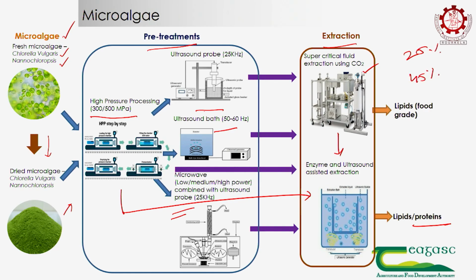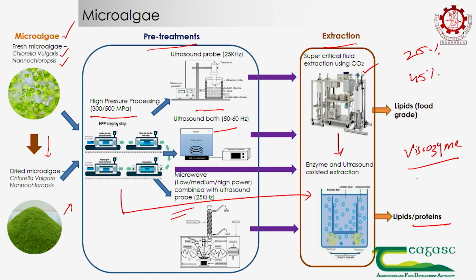So, if you just have a simple option of using Viscozyme, have you heard of Viscozyme? Viscozyme is a commercial name from Novozymes, that is carbohydrases, which is a mixture of cellulase and all other carbohydrases, which can break down the carbohydrate and leave the protein, and carbohydrates are broken down into sugar.